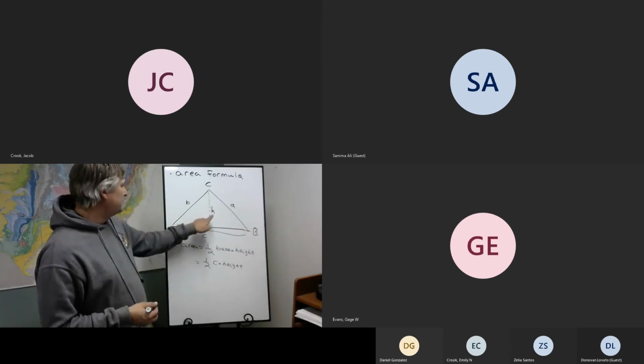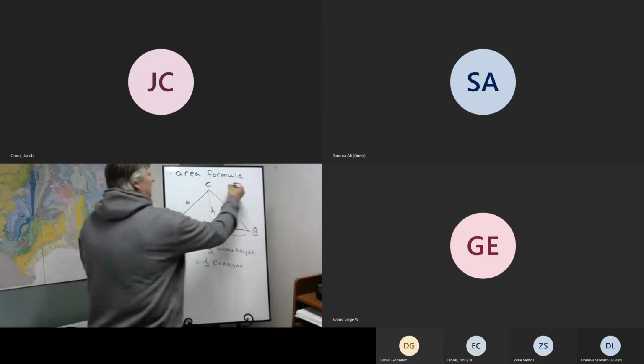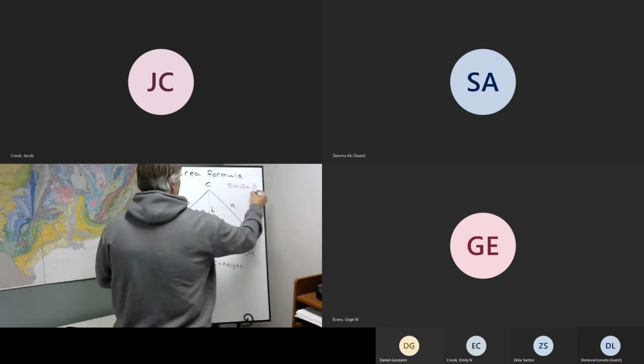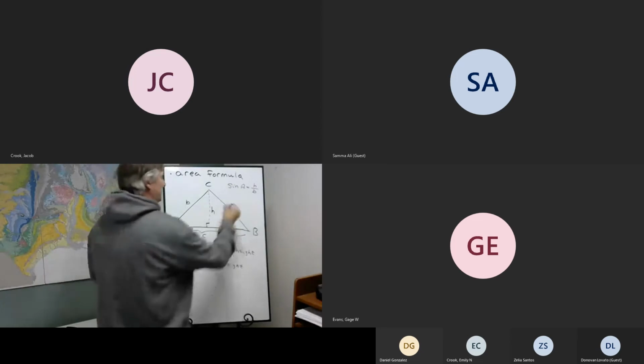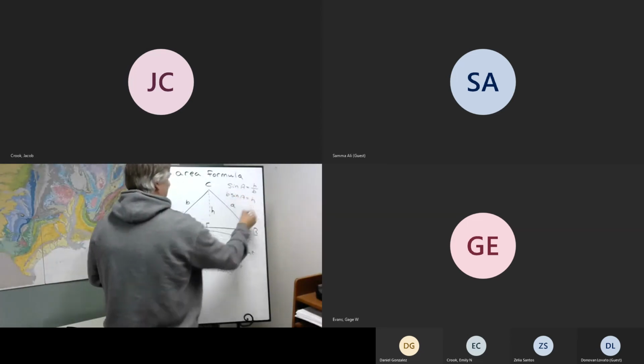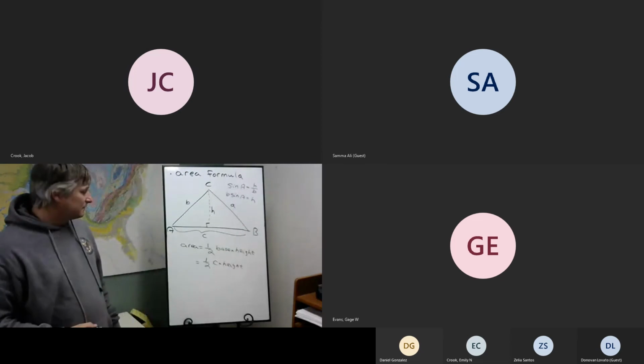Sine of A is H over B. So solve for H, and that's going to give us the height.